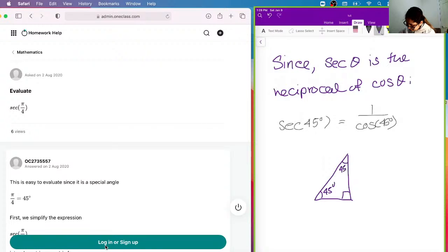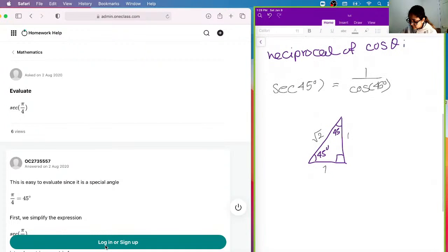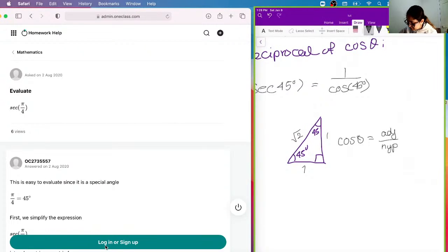This will also be 45, and so the sides are basically this. So if you guys recall that cos theta is adjacent over hypotenuse. Okay, so our ratio here would be adjacent, in this case is 1, our hypotenuse is square root of 2, right?